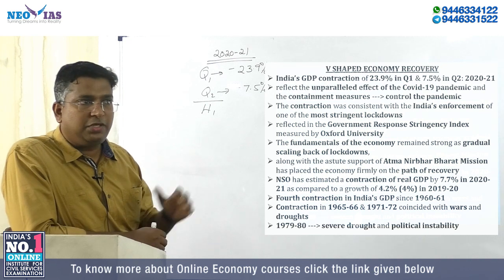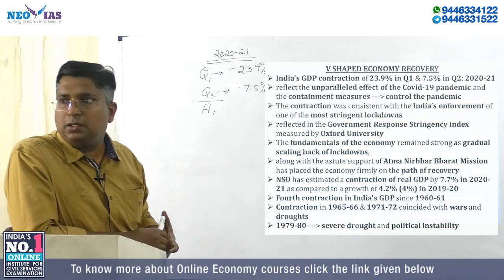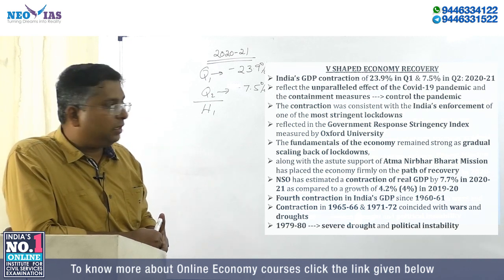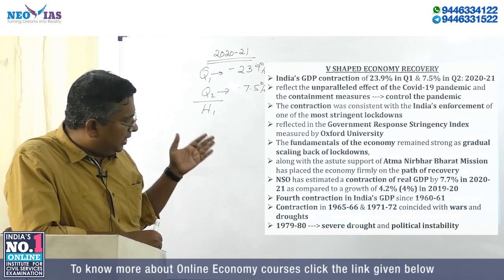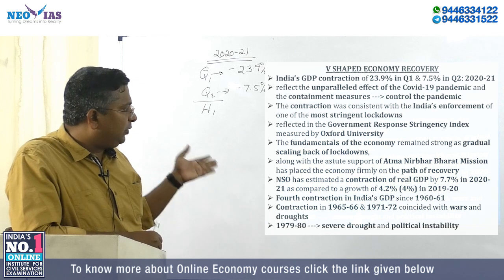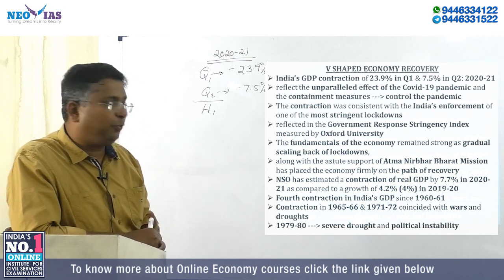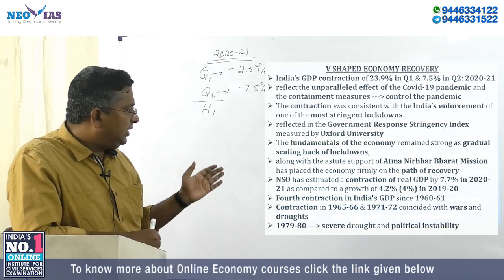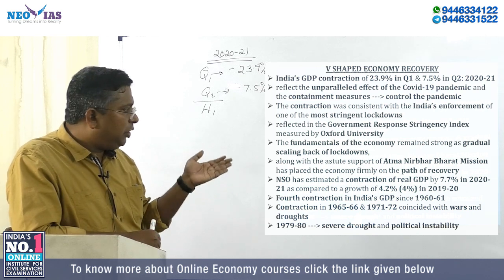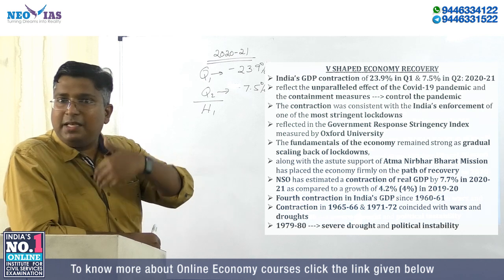You have seen the huge stimulus package the government has done. So, along with the scaling back of lockdown as well as the greater financial support given by the government in the form of the Atma Nirbhar Bharat mission, it has brought the economy firmly on the path of recovery.